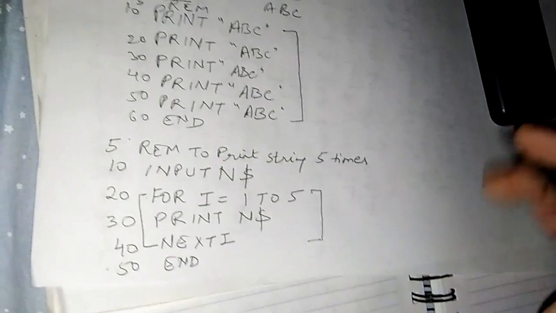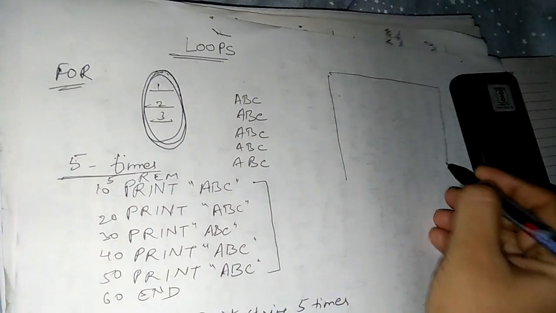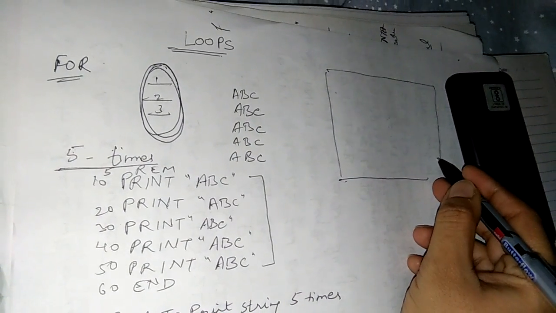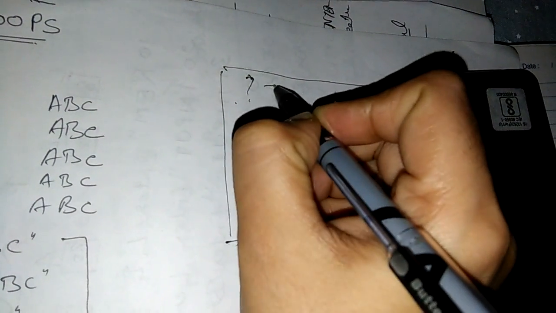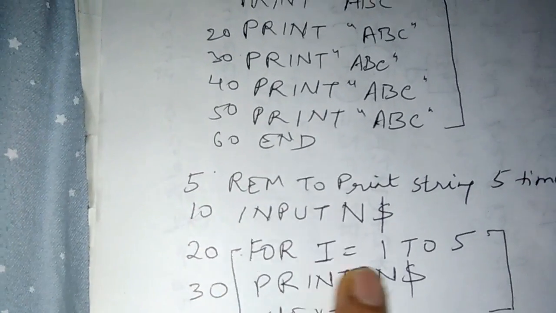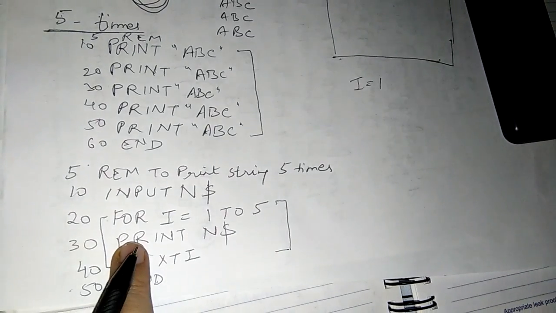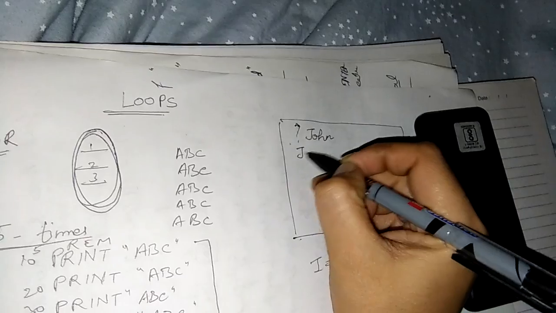Now how will this program run? It will ask for a string. Suppose I have given the string as John. It will run for I equal to 1, the initial value of I will be 1, and it will print $, that is John.